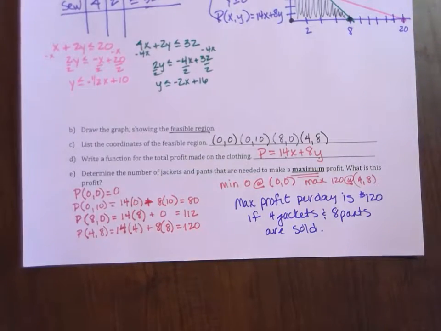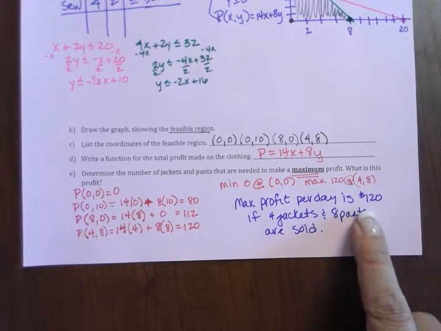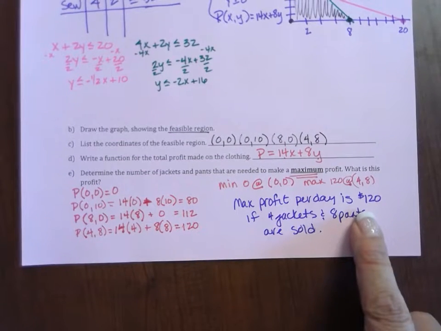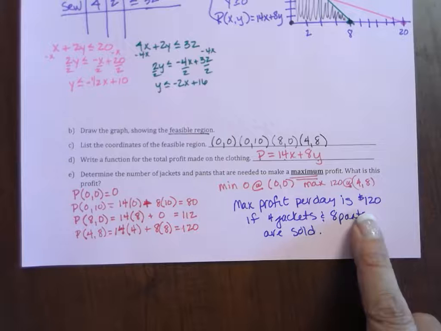Let's say it costs us $100 to pay the employees, and then we have $50 for utilities, like your electric and gas and all that good stuff. That's $150 per day. Are we going to make any money? They're going to lose $30. We're going to lose $30 a day and be bankrupt real fast.